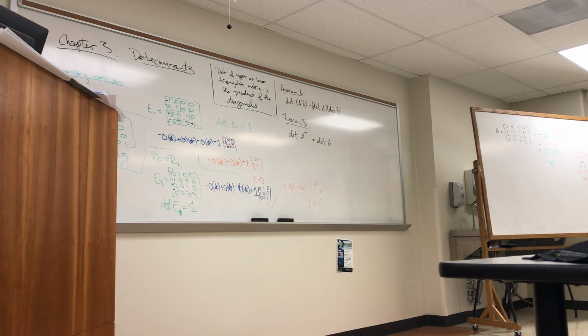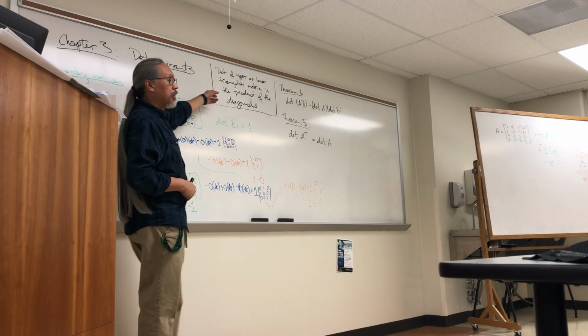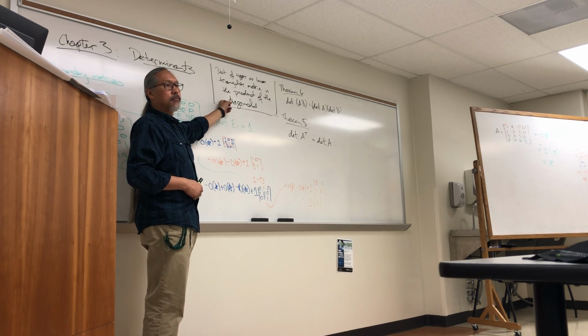But theorem number 6 is important because now with these elementary matrices, we can get to row reducing. When we row reduce, we come up with an upper triangular matrix, and if you have an upper triangular matrix, the determinant is just the product of the diagonal.